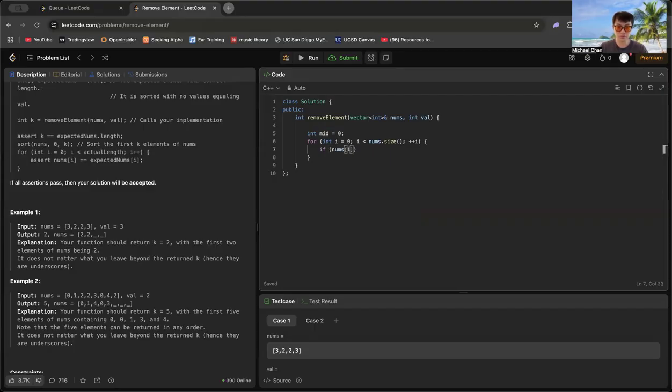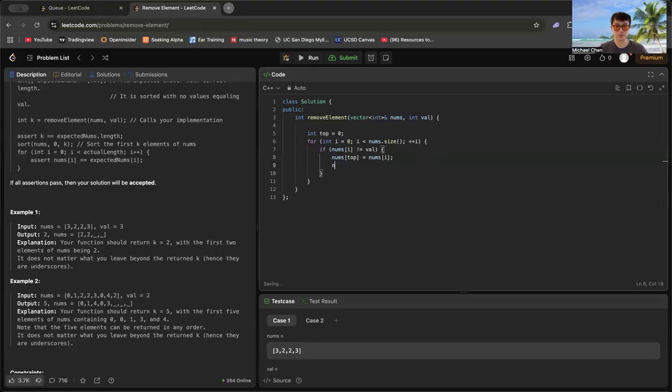If nums i is not equals to value, that I would want it to change. Nums mid will be equals, okay, that's easier to understand. Nums top will be equals to nums i.